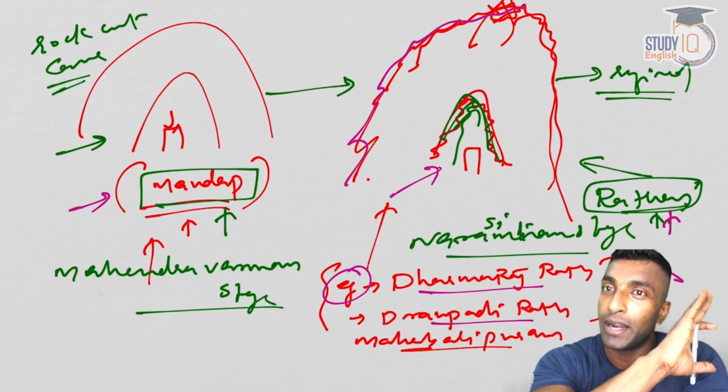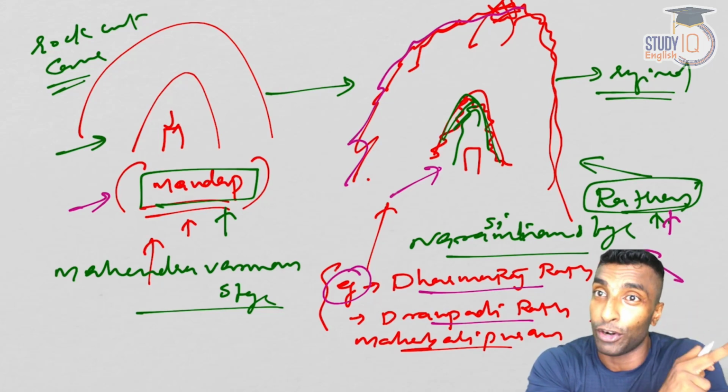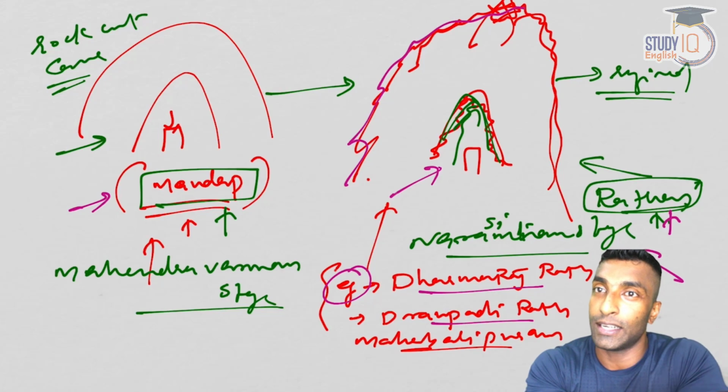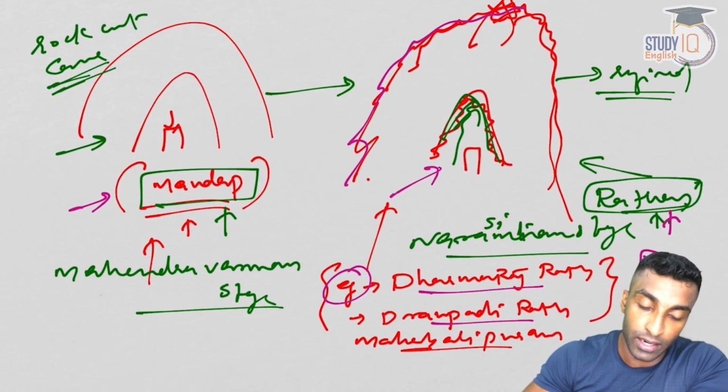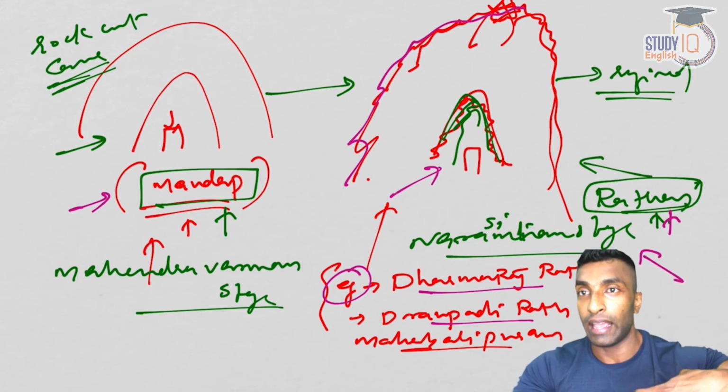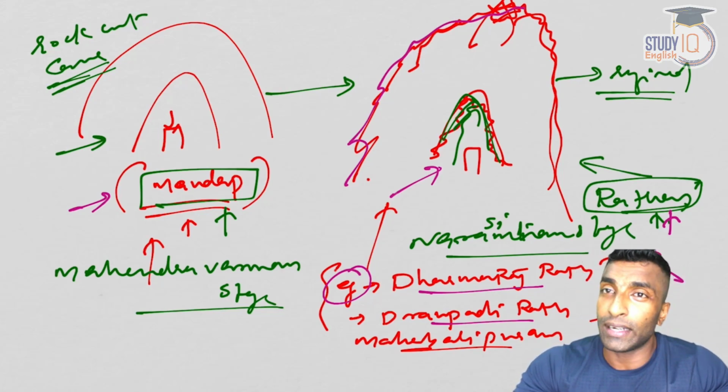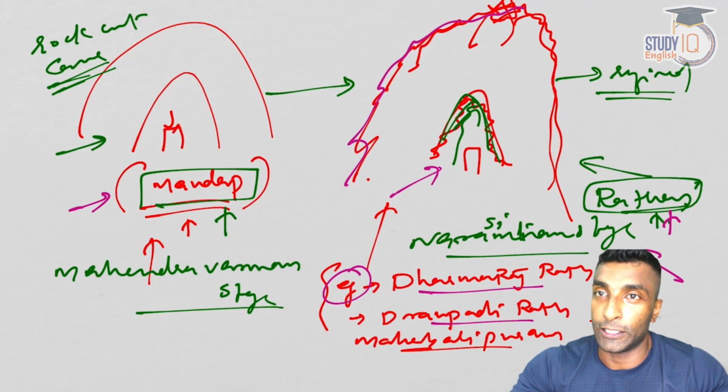Don't be confused with the mandap that I have discussed before. That was the prayer hall. Here the entire structure is what is known as mandap. Now here is this rock cut cave from the hill. That's it, there is nothing more. That is the first stage, the Mahindravarman stage.